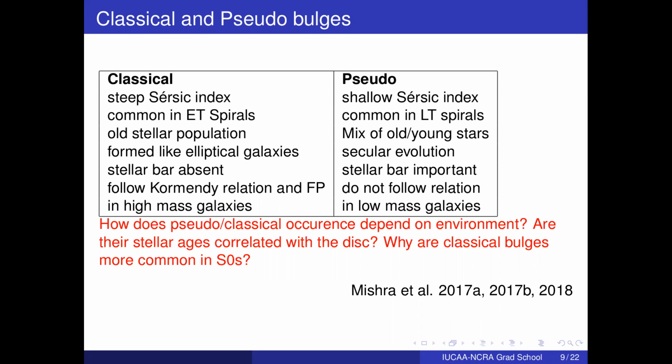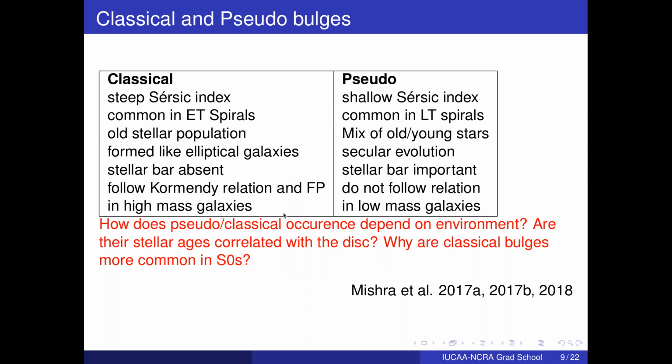Although they're found in both, it's not a perfect clean separation, but predominantly. So whenever you have a galaxy formation model, it should explain the formation of classical bulges and the formation of pseudobulges separately, in the right proportion, as a function of mass and as a function of environment.